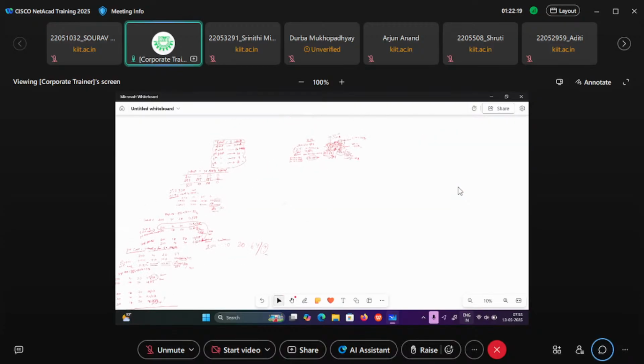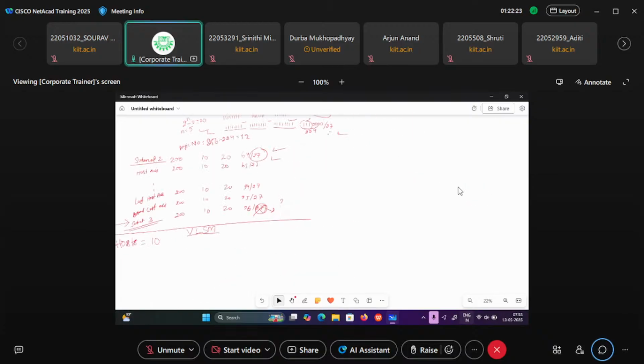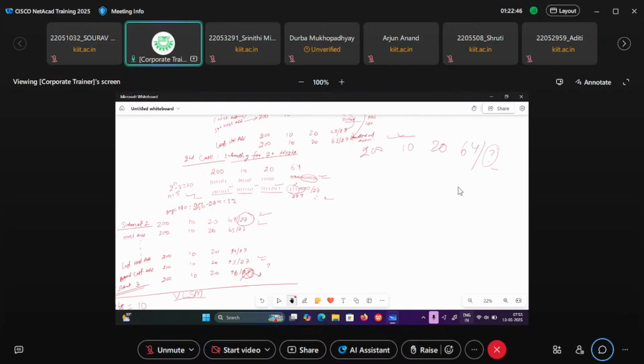Just see. When we are doing the calculation here, we started with subnet 2, where the ID we got is 64, and for the first subnet we got 65/27. Okay, and from the slash 27, it reached 95. Just see here. In the second subnet, we have a requirement of hosts, I think mentioned earlier, 20.